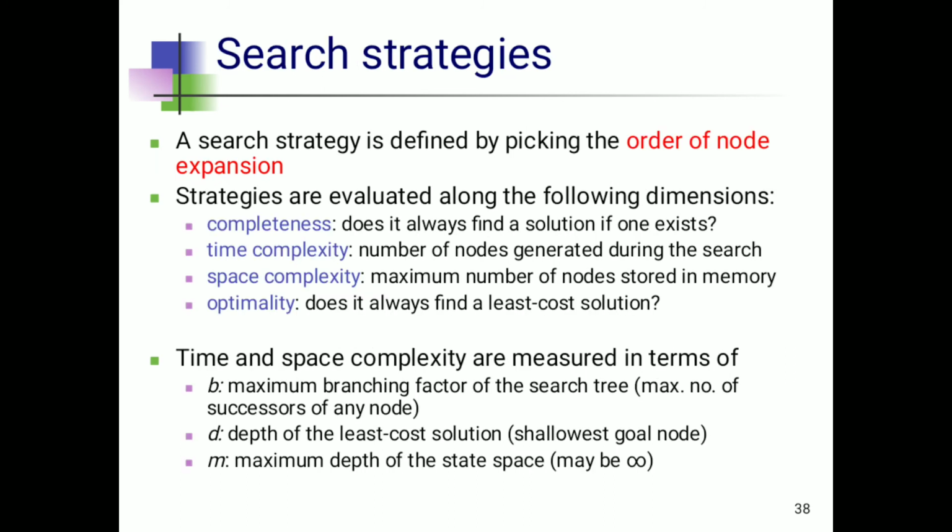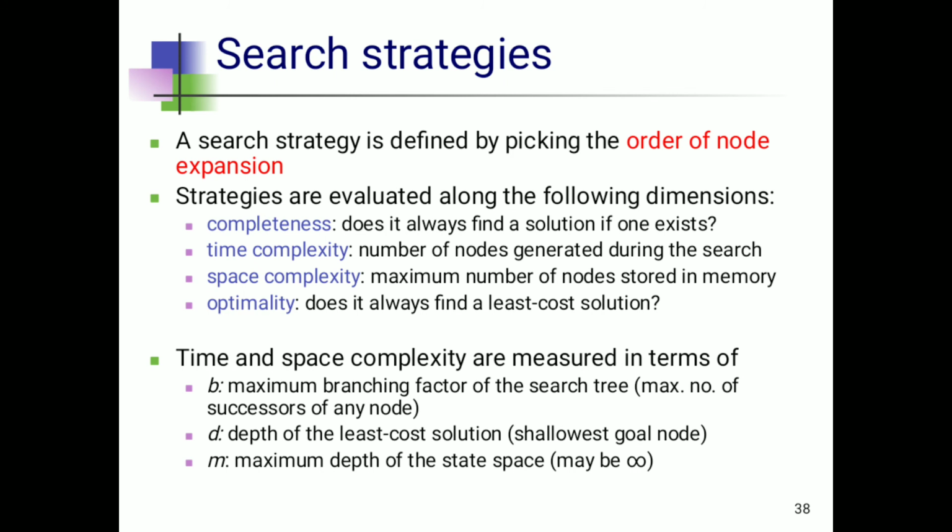Now we'll see what is the meaning of the search strategy. A search strategy is defined by picking the order of node expansion. So we have to decide the order of node expansion: I have to explore which node first, then which node later.